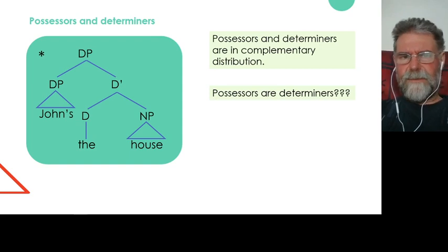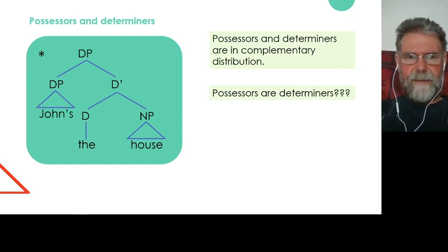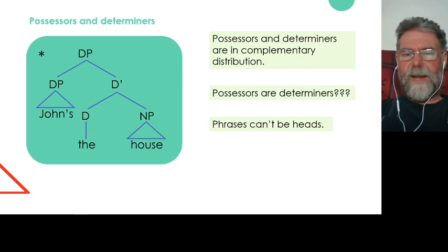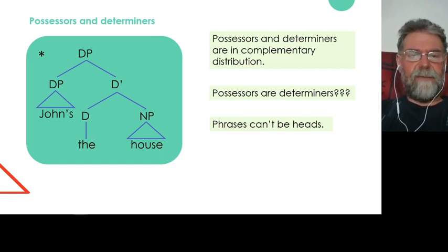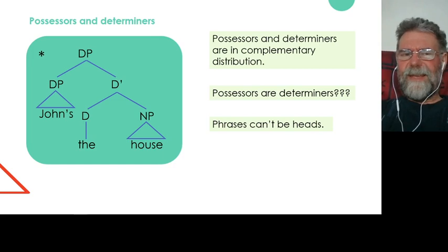It violates all sorts of principles that we've looked at so far, the main one being that phrases can't be heads. Heads are words. That's the word position inside a phrase, and a phrase can't occupy a word position. Phrases occupy phrase positions, words occupy word positions, but fairly clearly possessors are phrases.